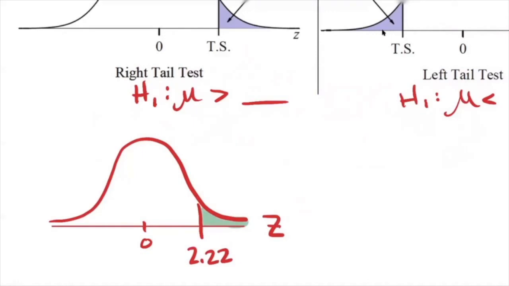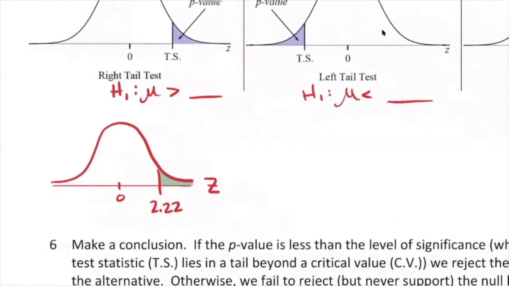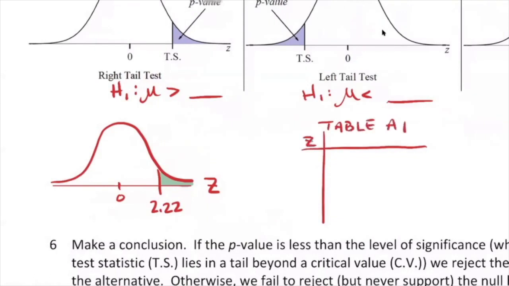Okay, any questions about that? Table A1 has areas under the normal distribution. So you just find your z-score, which is 2.22.